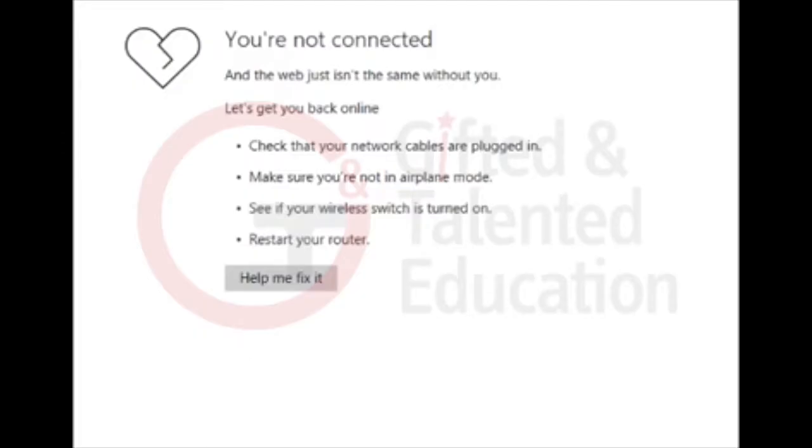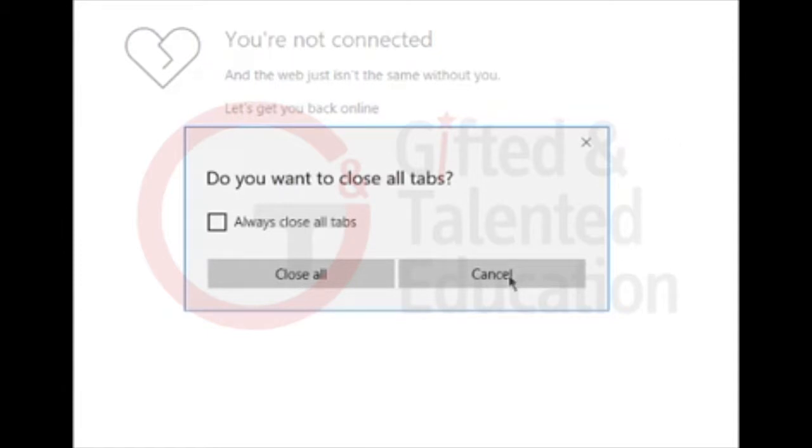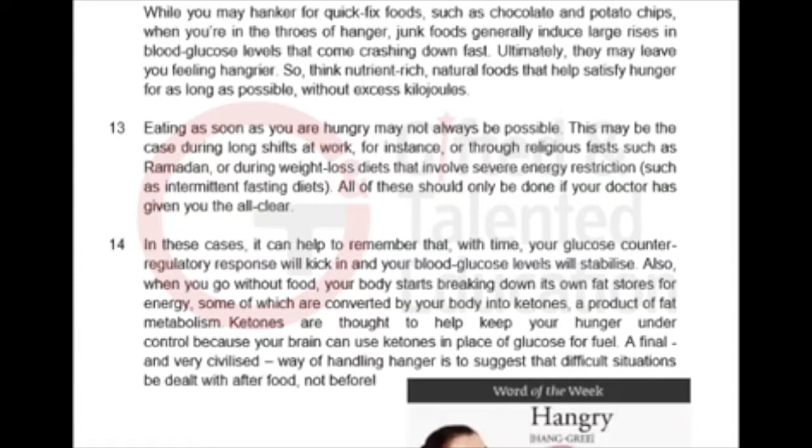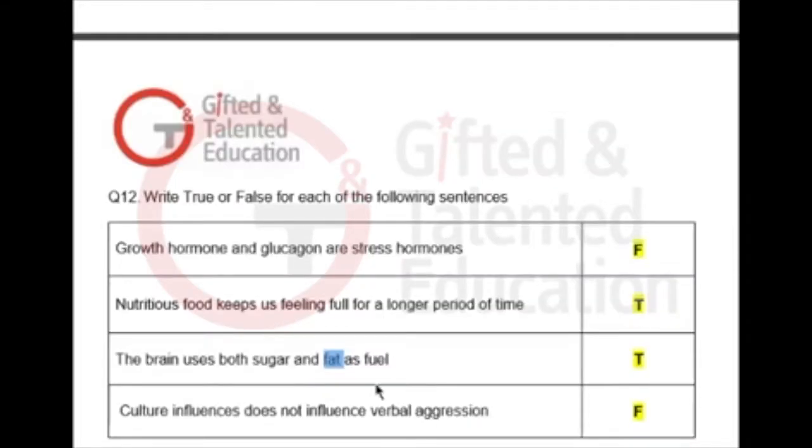They can also help keep your hunger under control because, there you go, your biggest clue, your brain can use ketones in place of glucose for fuel. There you go, the brain can use both glucose or sugar and fat as fuel.